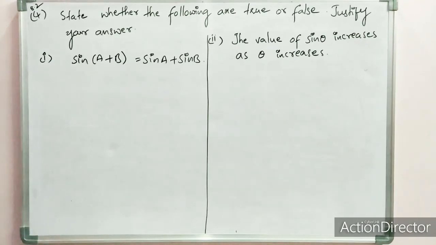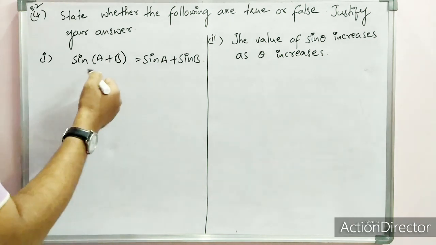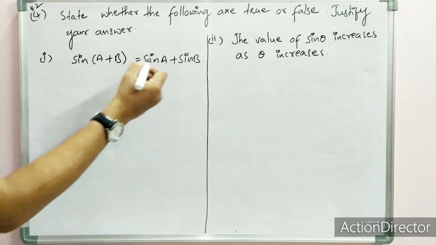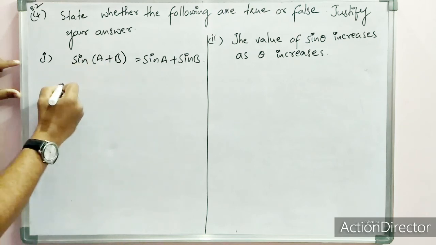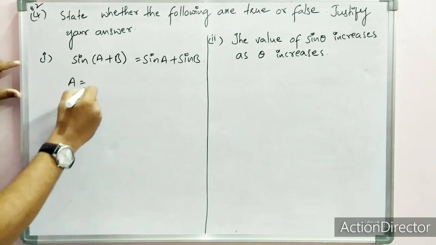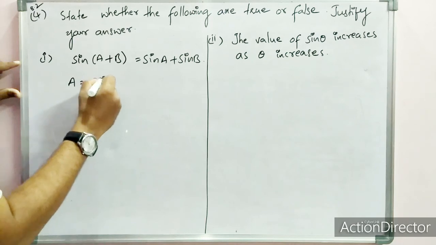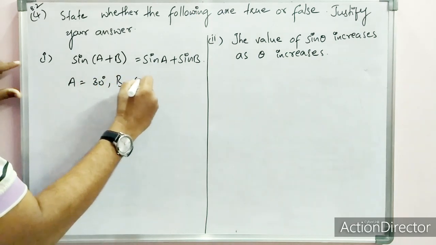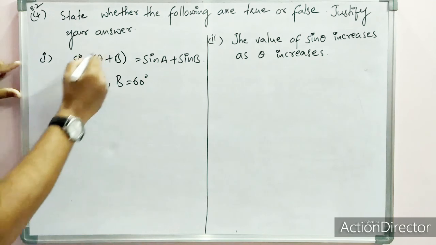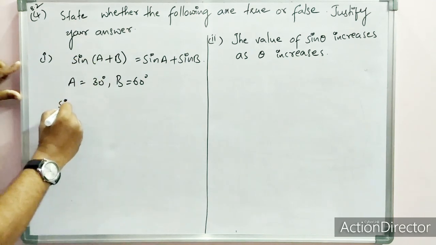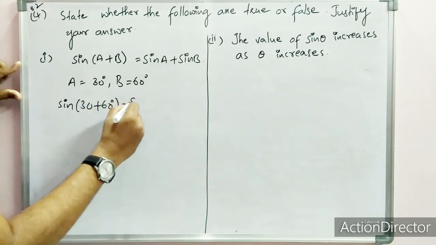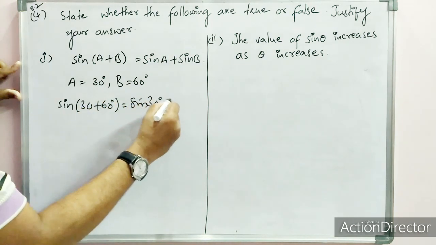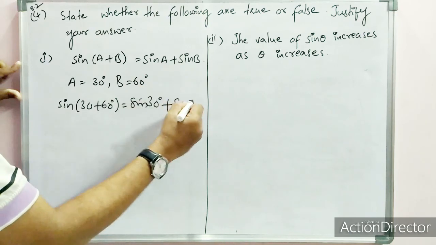Now fourth question: state whether the following are true or false, justify your answer. The first one: sin(A+B) is equal to sin A plus sin B. To check this equation, you take any values. Suppose A is equal to 30 degrees and B is equal to 60. Now check the LHS: sin(30+60) and the RHS: sin 30 plus sin 60.